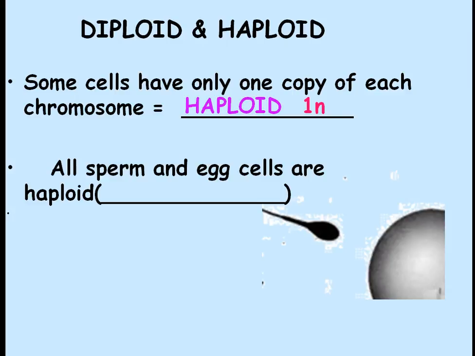Okay, therefore haploid cells are 1N because they only have 1 copy of each chromosome, and all sperm and all egg cells are haploid cells. And we call these sperm and egg cells gamete cells. Remember, we want them to have half the number of chromosomes than body cells, so that when we put them together to make a baby, the baby will then come out with the correct number of chromosomes, which is 46.